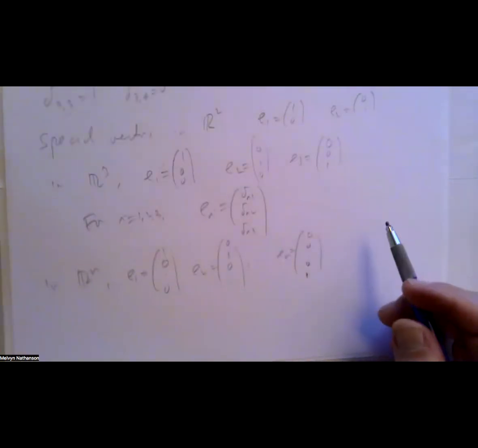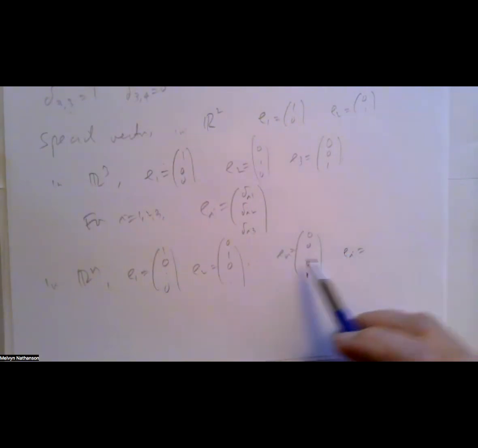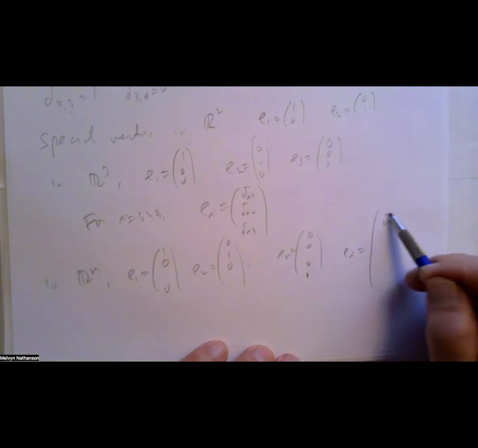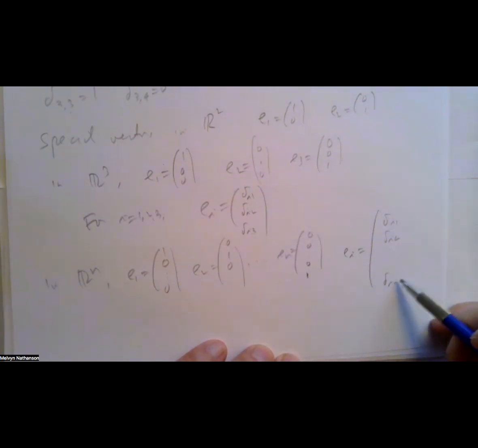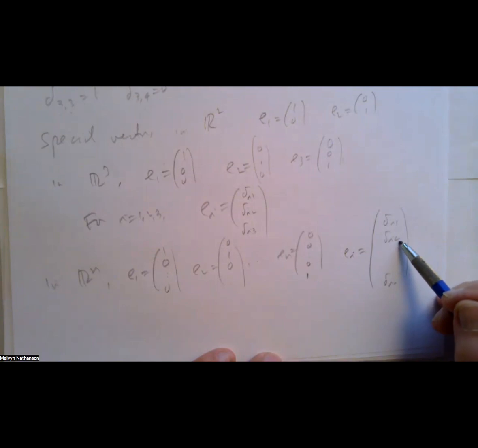And again, if you want a consistent way to write this, you could say that E sub i, the ith vector of this special set, has coordinates delta i1, delta i2, down to delta in, because it's only when the coordinate index is equal to i that you get a 1. That is the ith coordinate. This is 1, and every other coordinate is 0.